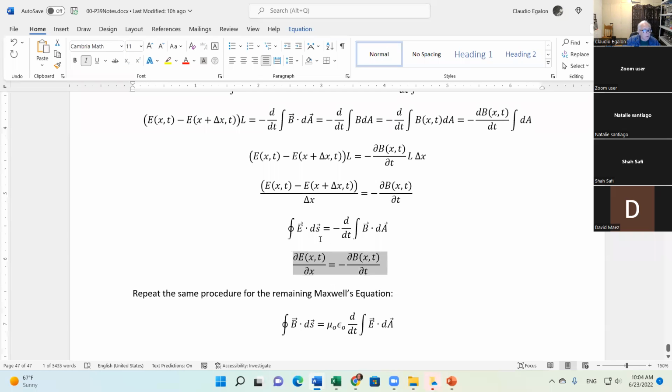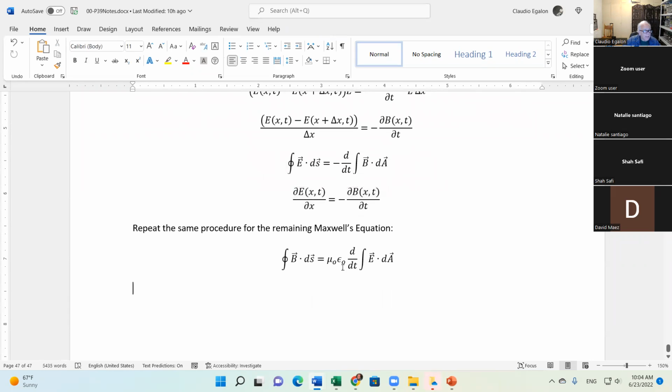And look, those integrals are similar. All you've got to do is change the E to B, and the B to E. Here we change from E to B, here we change from B to E.